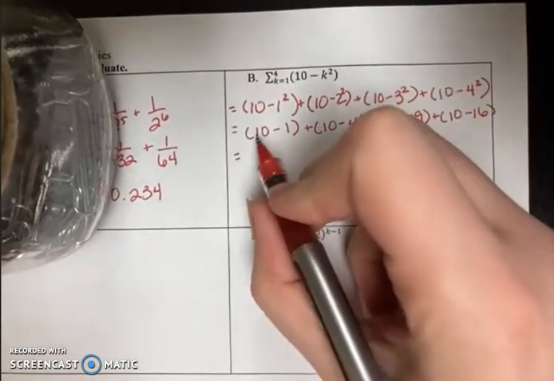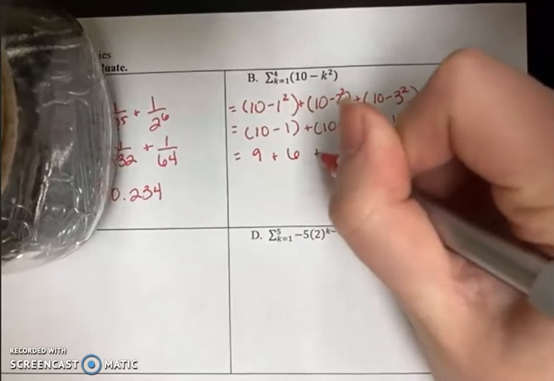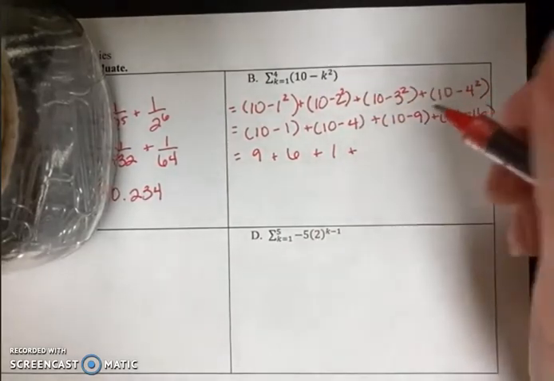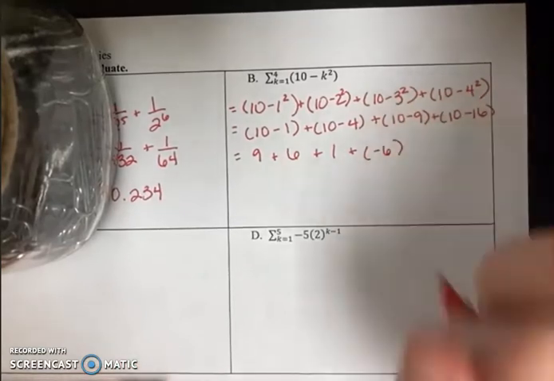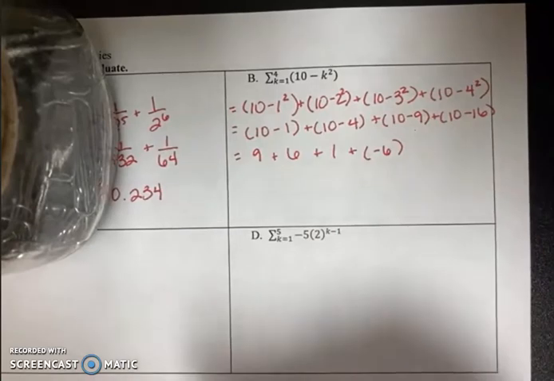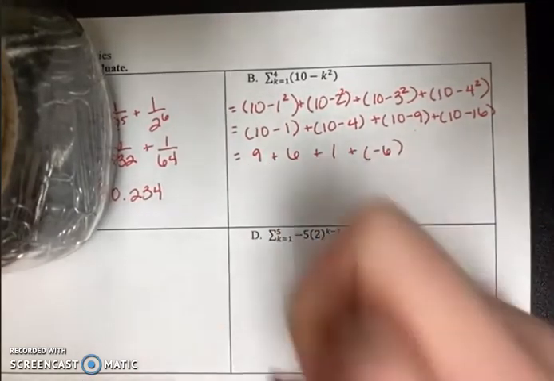Going to keep cleaning it up. 10 minus 1 is 9, plus 10 minus 4 is 6, plus 10 minus 9 is 1, plus 10 minus 16 is a negative 6. So you could either put plus negative 6 or just minus 6. If you plug that in your calculator, or you can see the 6's cancel, you're left with 10.